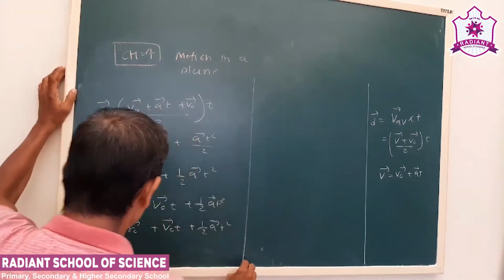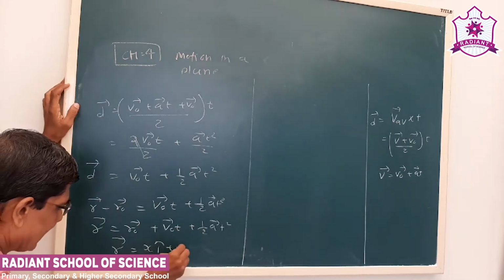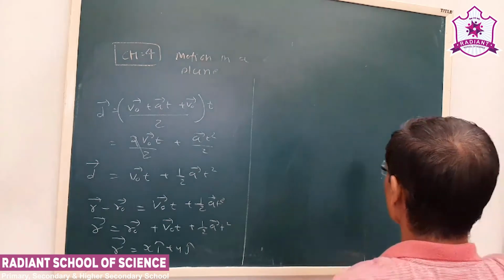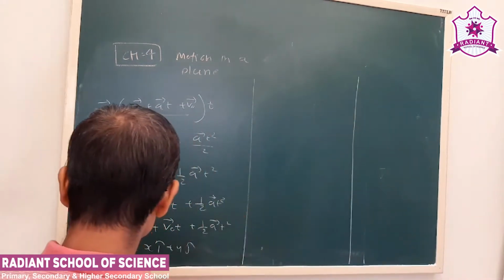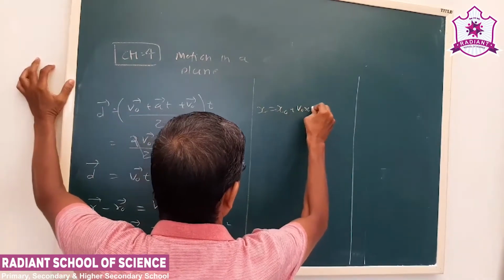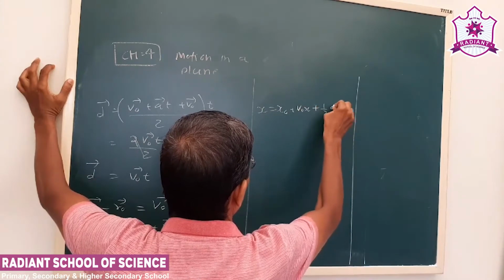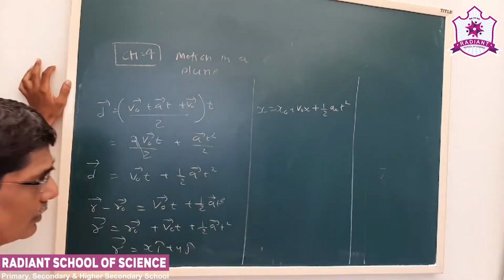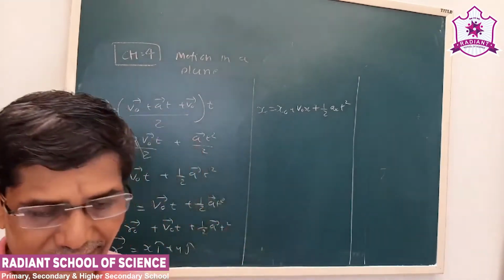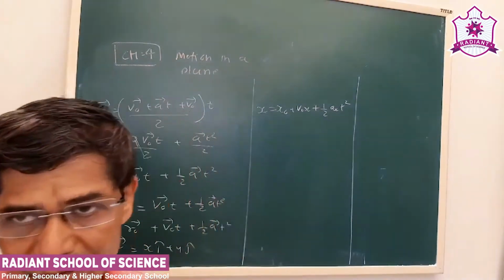Now r has two components. We write r like this, x and y. So we write the x component of the displacement: x is equal to x0 plus v0x t plus 1 by 2 ax t square. Here x0 is the x component of the initial position, v0x is the x component of the initial velocity, and ax is the x component of acceleration.